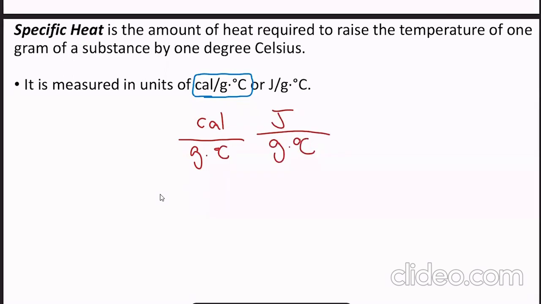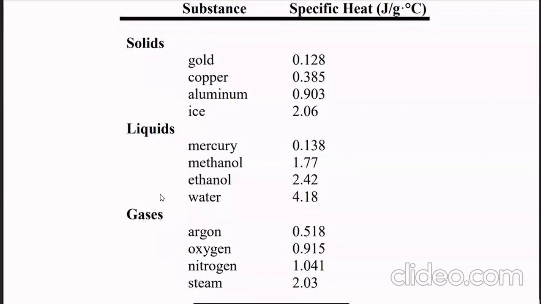This is the heat needed to raise the temperature of 1 gram of a substance, not just water, right? But the heat needed to raise 1 gram of any matter that exists by 1 degree Celsius. And this is what we're going to call specific heat. So every substance, any material around, has its own specific heat.